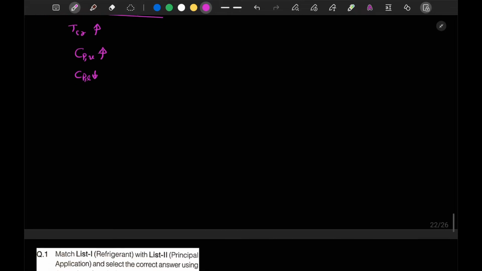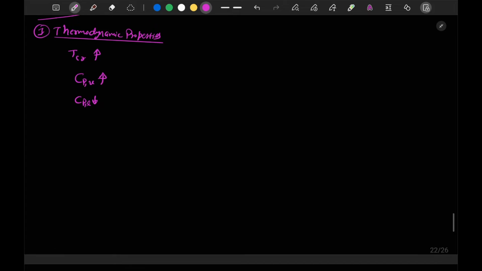Next, enthalpy of vaporization, hfg, should be more, so that we can obtain more refrigeration effect for less mass of fluid. Conductivity should be high so that the size of the compressor or condenser will be less.